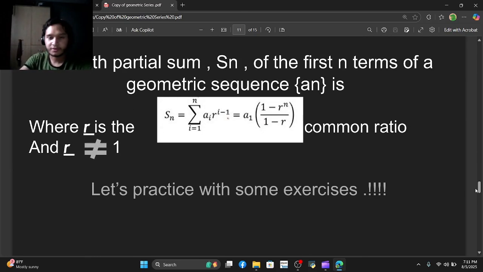The partial sum of the first n terms of the geometric sequence, where r is the ratio, we have it here. So the first term in the sequence is this one.